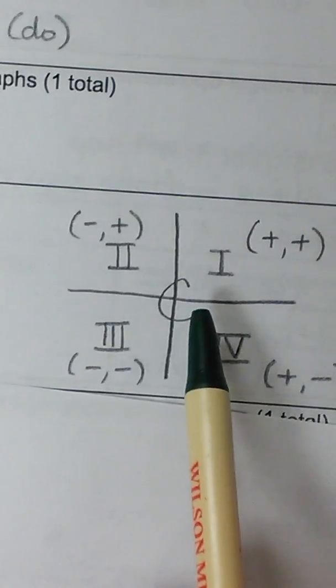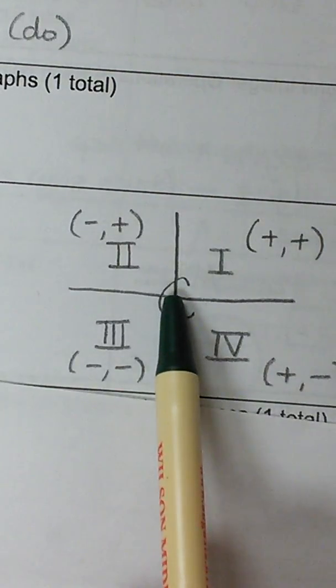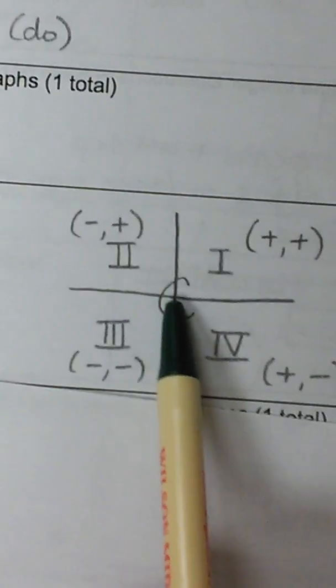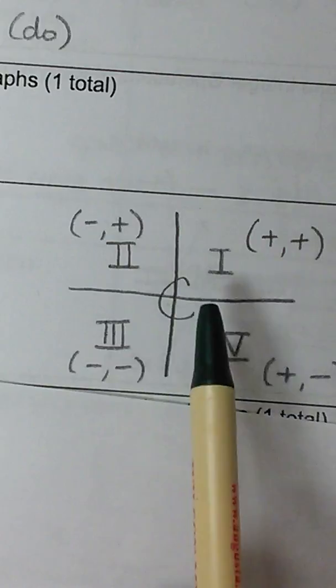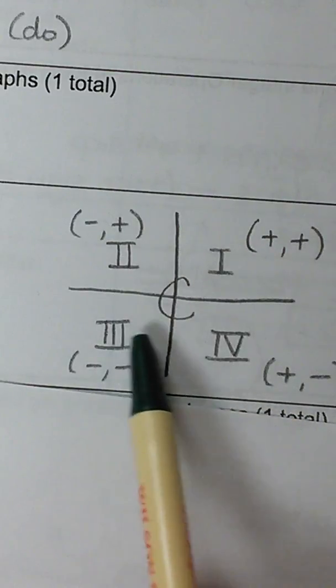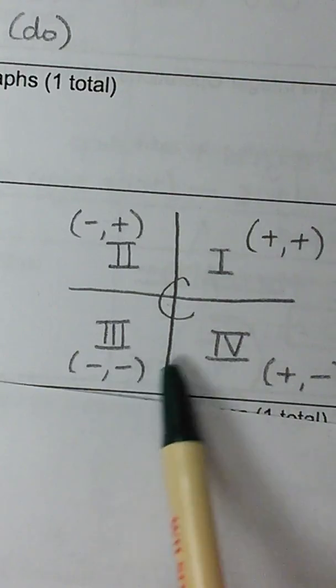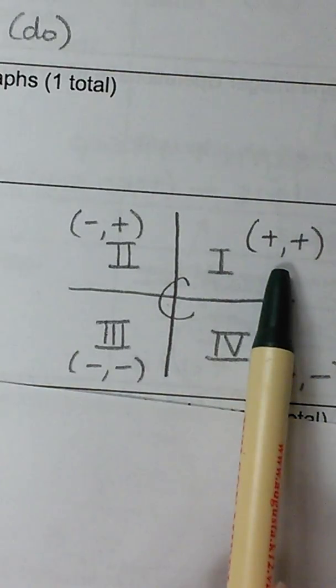Remember that right in the middle of a coordinate plane, that place is called the origin. Its address is 0, 0. And around that origin, you have these numbered quadrants, 1, 2, 3, and 4. And you can see that it tells you what kind of points are in there.